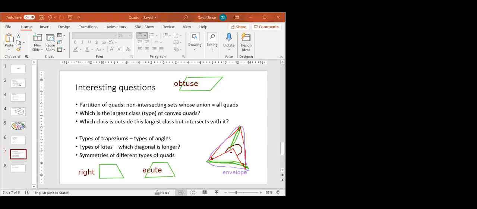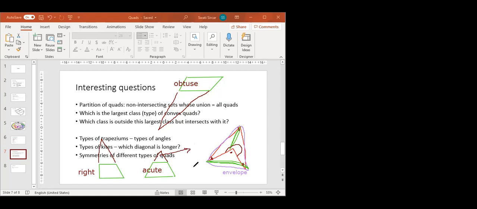So if you extend this, it will become an obtuse triangle. If you extend this, there is a possibility, in this tricky case, it can become anything. And in this case, it will definitely become a right triangle. This one is tricky because it can be a right triangle, an acute triangle, or an obtuse triangle, because this angle can be anything.